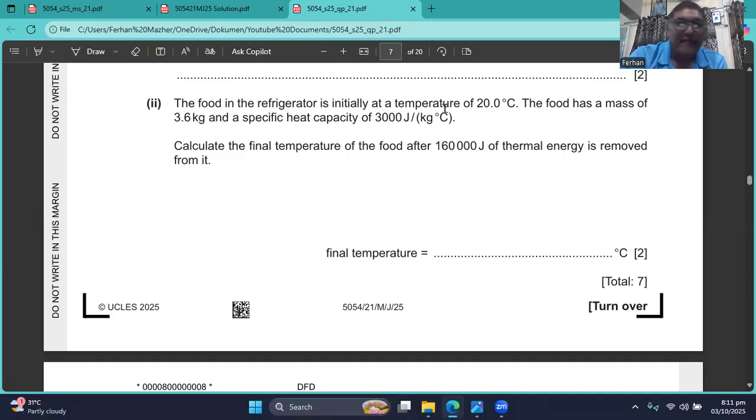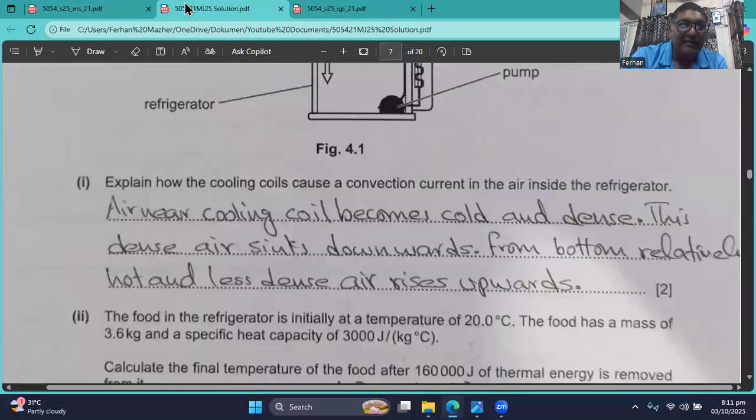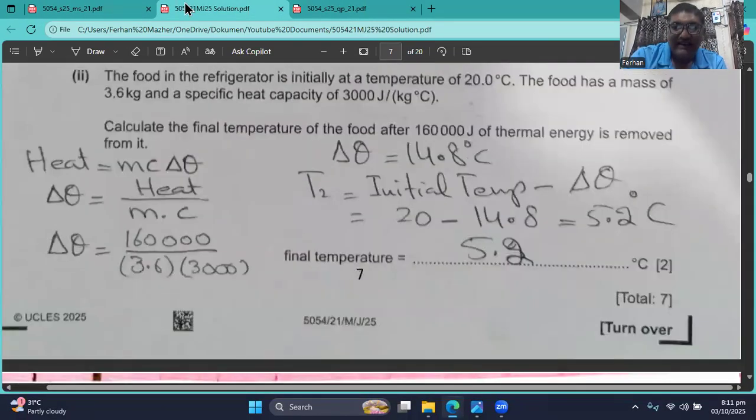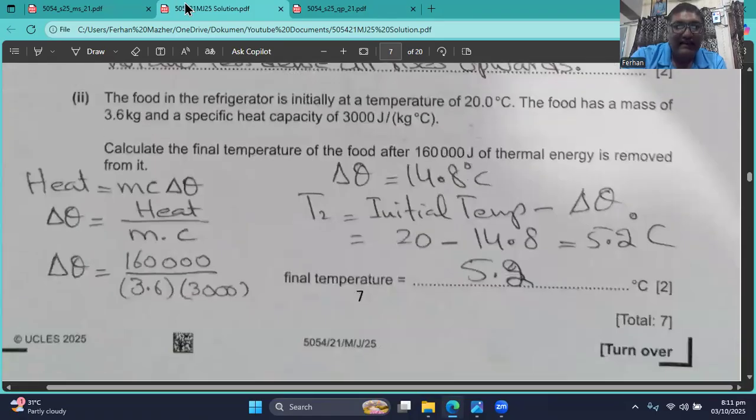Heat is equal to mc delta theta. Remember that formula? Heat is equal to mc delta theta. So to find delta theta, it will be heat divided by m divided by c. The heat is 160,000. The m value is 3.6 kg. The c, specific heat capacity, is 3000 joules per kg per degree centigrade.